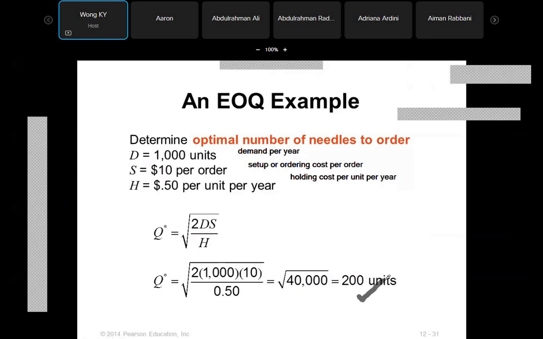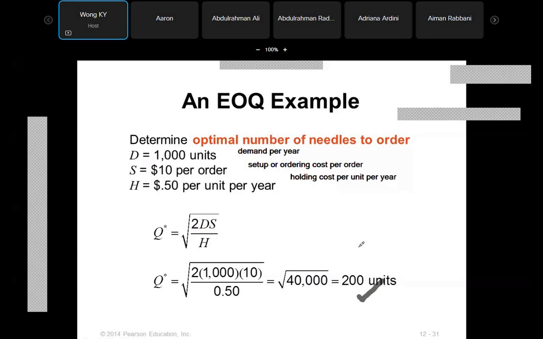This is the optimum order quantity. This is how much the company should order every time when it places an order. And in theory, it is also known as the economic order quantity, EOQ. Why EOQ? Because this is the best quantity, which is the most economic. That's why it's called economic order quantity.